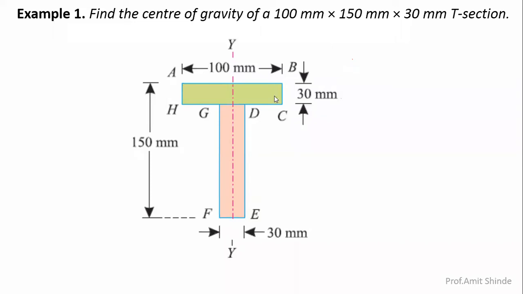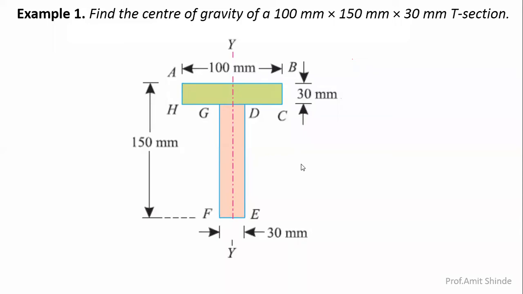If you see here in this figure, 100 is the width of the flange, 150 is the total depth, and 30 is the overall thickness of this T shape. Now, this section is symmetrical about the y-axis.